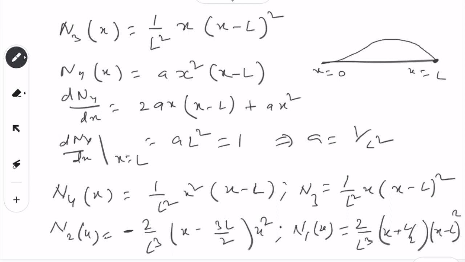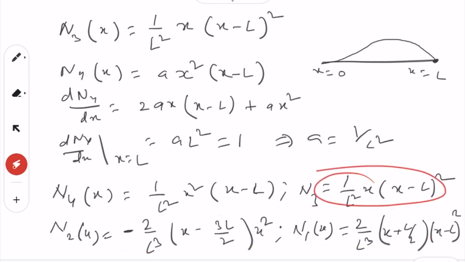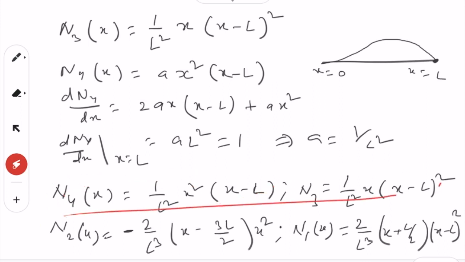So we have all these shape functions N1, N2, N3 and N4. Now we can use these to derive the stiffness matrix.